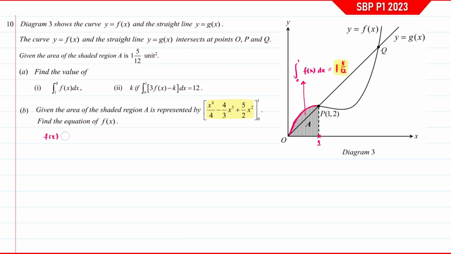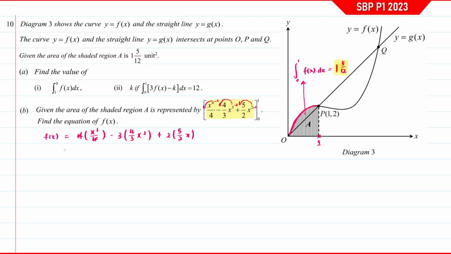So f(x) will be equal to, we move the 4 to the front, so 4 times x to the power of 4 minus 1, x cubed over 4. Then for the second term, move the 3 to the front: minus 3 times 4 over 3, x to the power of 3 minus 1, which will be x squared, plus move the 2 to the front, 2 times 5 over 2, and the power 2 minus 1, which will be x.